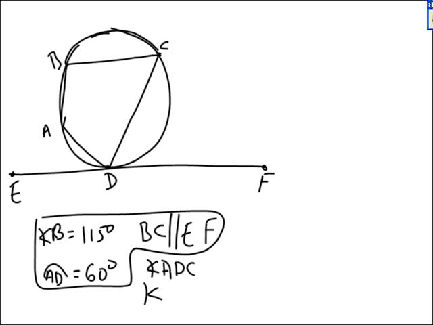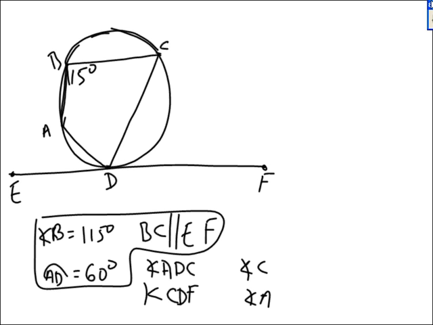We want to find angle CDF. Looking at the picture, I see I want to find angle C and angle A. Now, we're told 115 for angle B. That tells me immediately I have a four-sided polygon inscribed inside a circle.